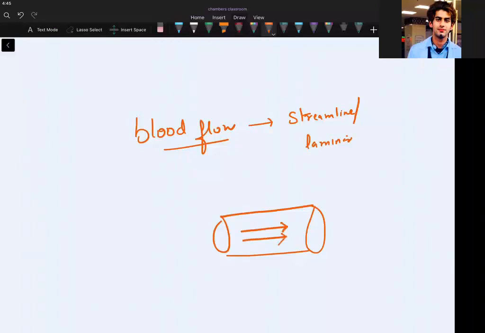I hope you know fluid flows in layers. Every layer has a common direction of velocity. Since blood is made up of blood cells and plasma, the cells will be more towards the periphery, and the central part will be like a bullet, the column of fluid.